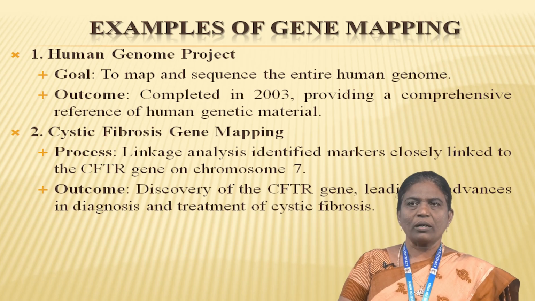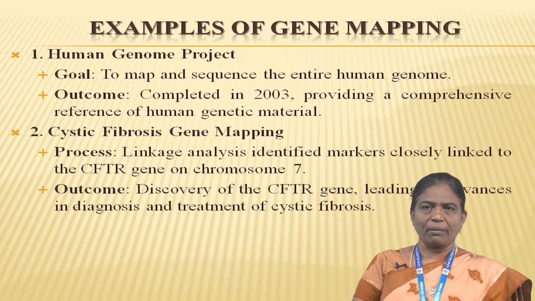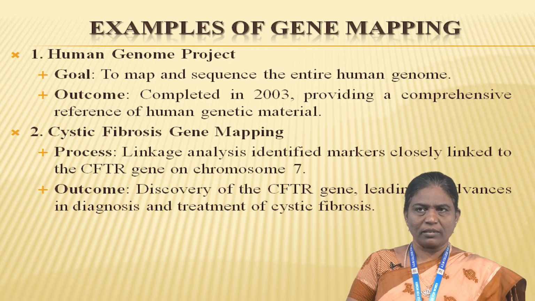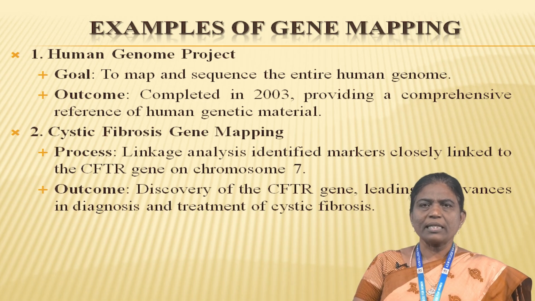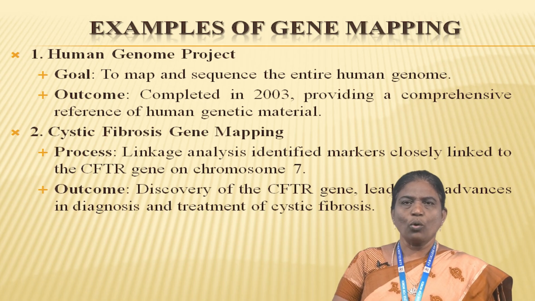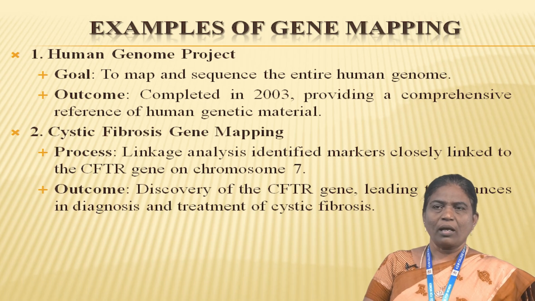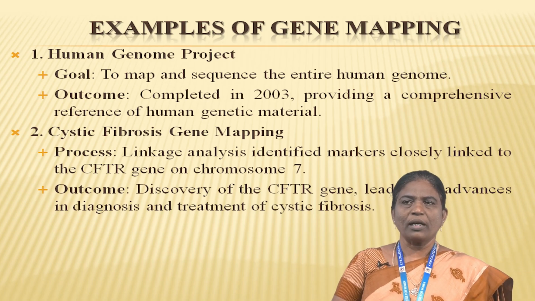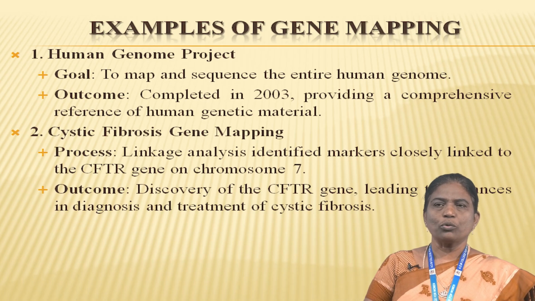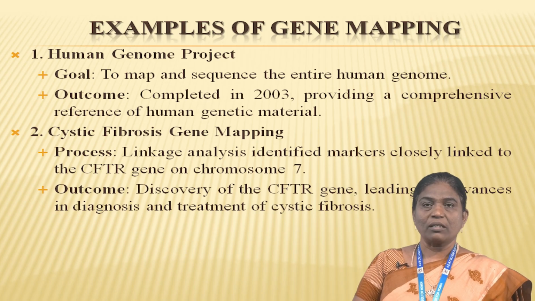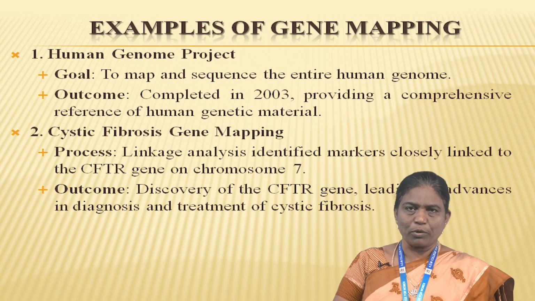The second one is cystic fibrosis genetic mapping. Here the process includes linkage analysis identifying markers closely linked to the CFTR gene on chromosome 7. The outcome is the discovery of the CFTR gene, leading to advances in diagnosis and treatment of cystic fibrosis.